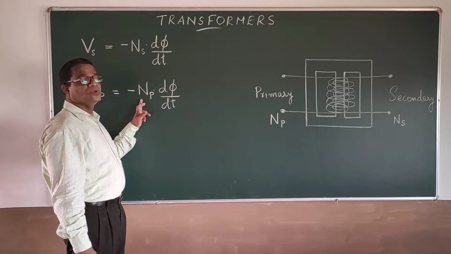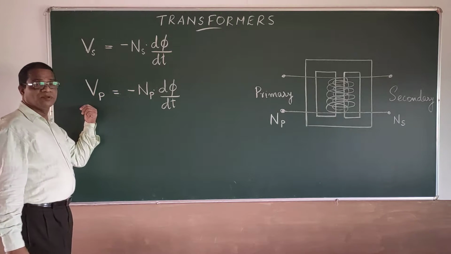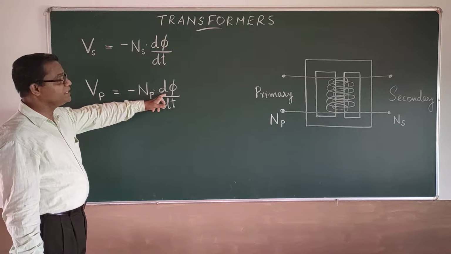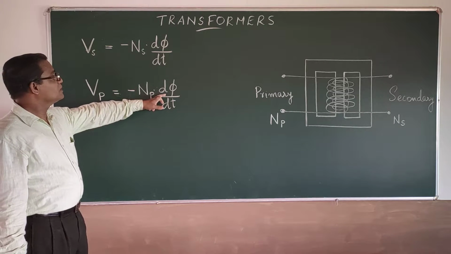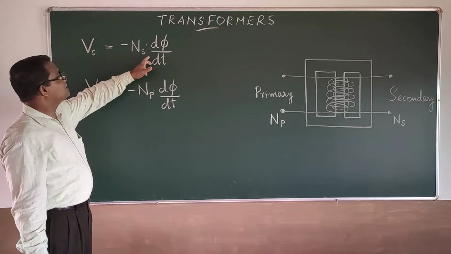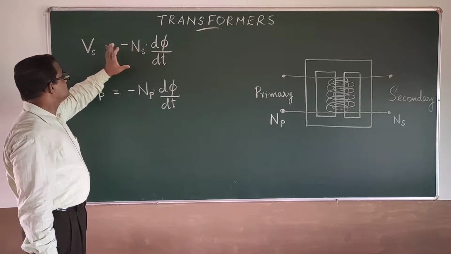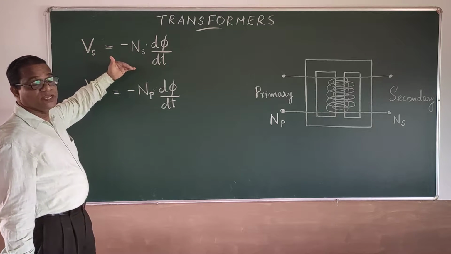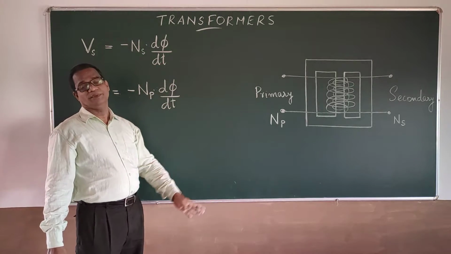So this is the primary voltage in terms of flux variation. Here is the back EMF effect, and this is the secondary voltage produced by the varying voltage given in the primary.